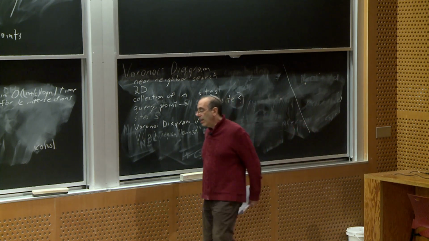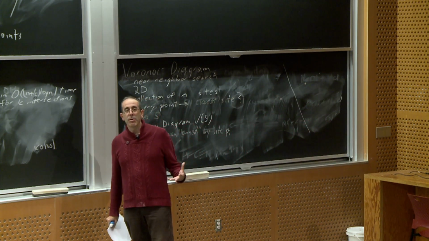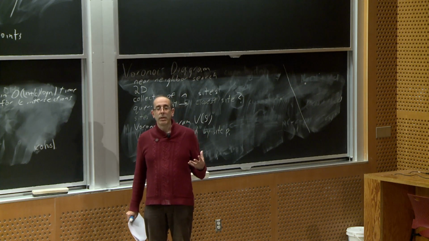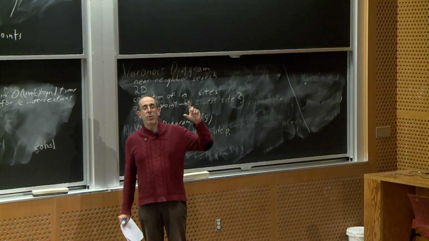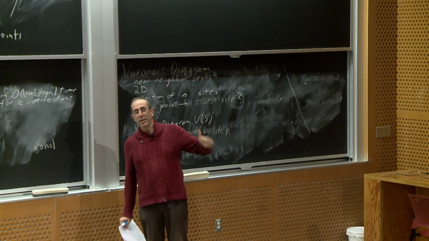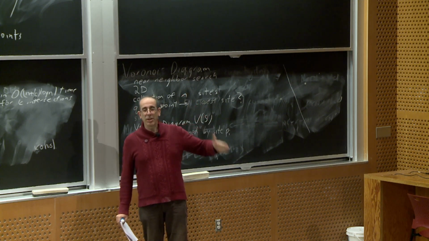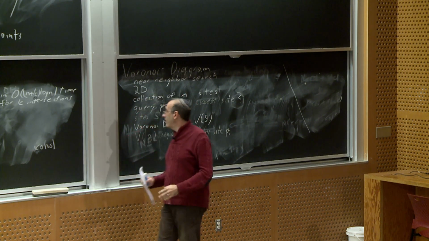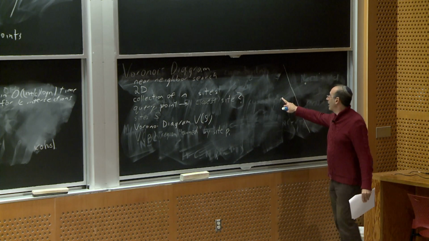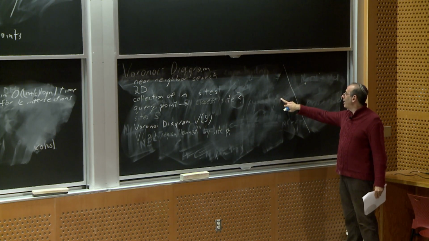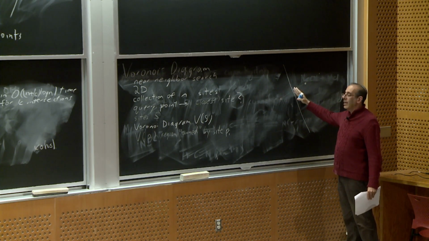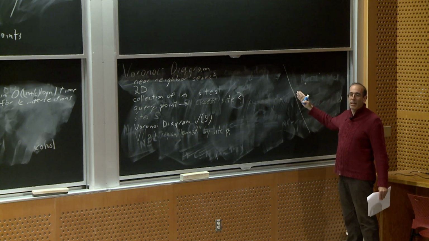And in fact, if we think about a large number of points, every pair of points is going to be competing along one of these perpendicular bisectors, right? And so the Voronoi region for a given point is going to be all the points that are on its side of all the perpendicular bisectors, right?